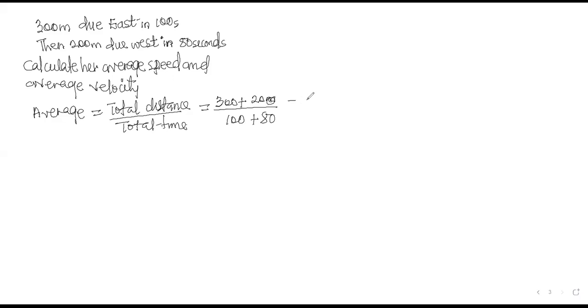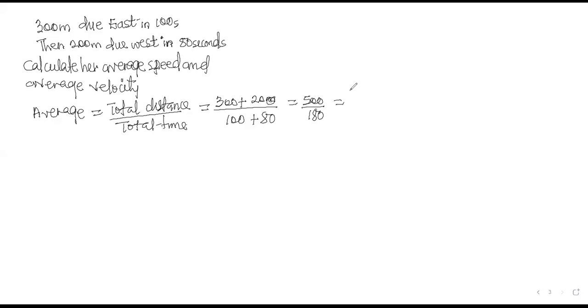So we have 500 divided by 180. And what is 50 on 18 or 25 on 9? Yes, 2.777777778.